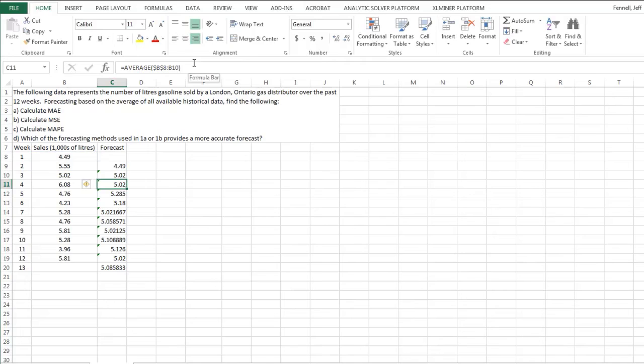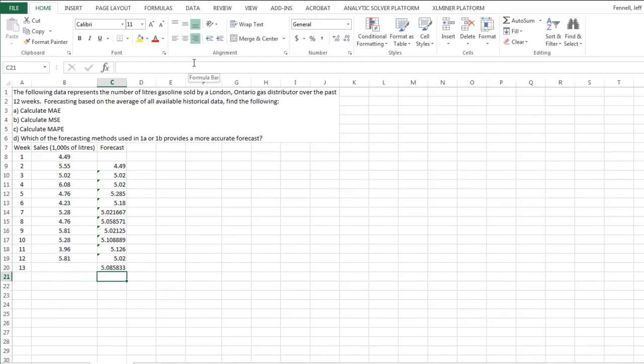In period 4, because I absolute referenced my first period sales, that first cell reference stayed, whereas the next one, not absolute referenced, moved down. It gave me a prediction of the average of everything that transpired before that. And by the time we get down to week 13, what we're trying to predict, we see that the week 13 prediction is the average of all the sales that happened in weeks 1 through 12.